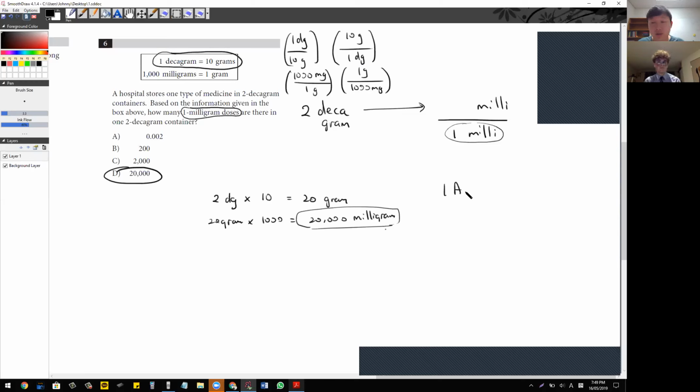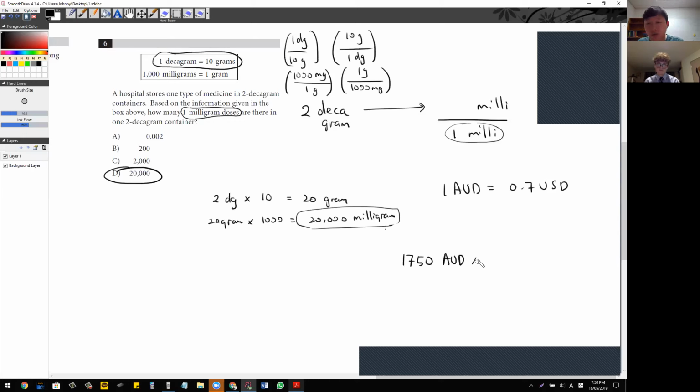Let's say 1 Australian dollar is equal to 0.7 US dollar, okay? Now, I've got 1,750 Australian dollars. What I can do is simply multiply by 0.7. But sometimes you have to divide by 0.7, if you've got US dollars.